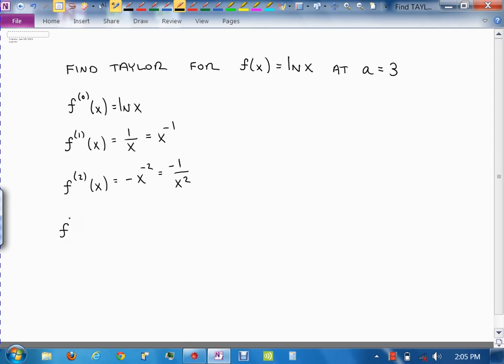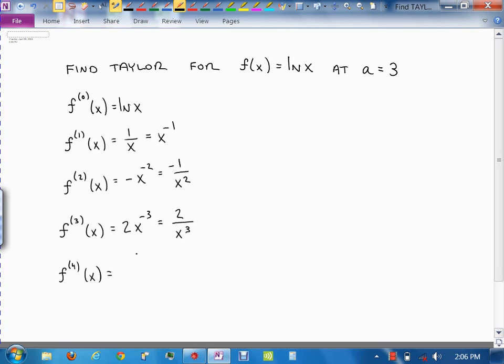What's the third derivative? You tell me, yeah. 2x to the negative 3, which is 2 over x cubed. Yes? Fourth derivative is what?